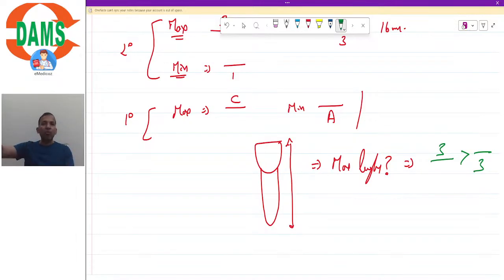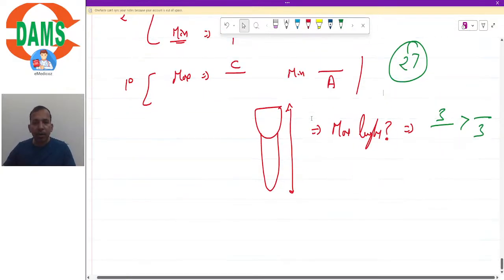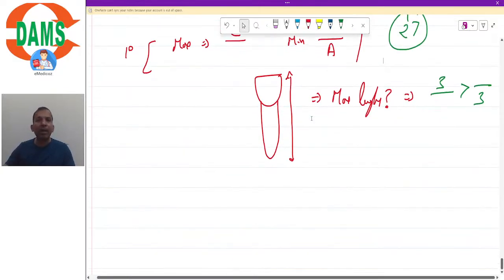So we have ruled out that fraction, and that's why we just write the whole numbers, and it appears as if they both have same length, but it is not so. The maxillary canine has a greater length as compared to the mandibular canine, and the mandibular central incisor is the shortest tooth.